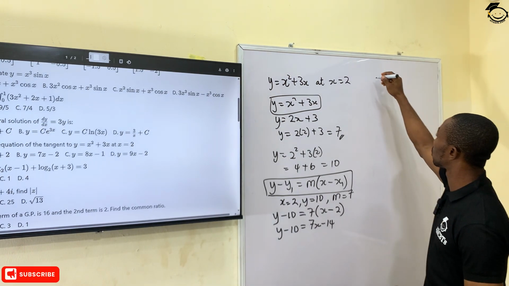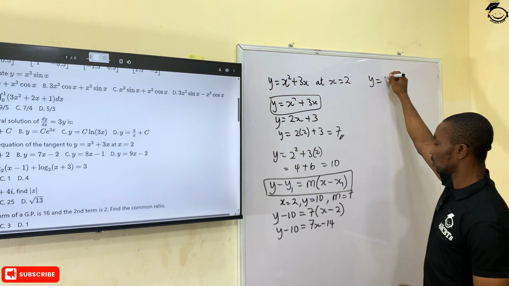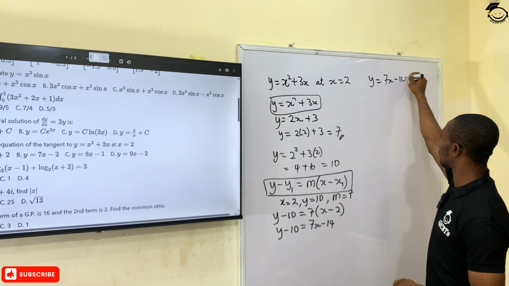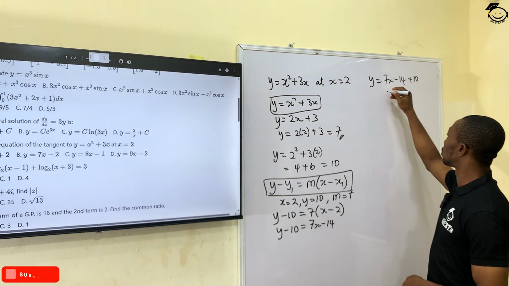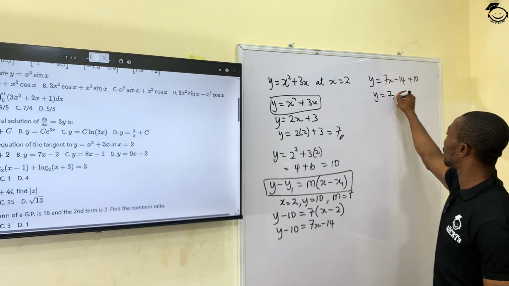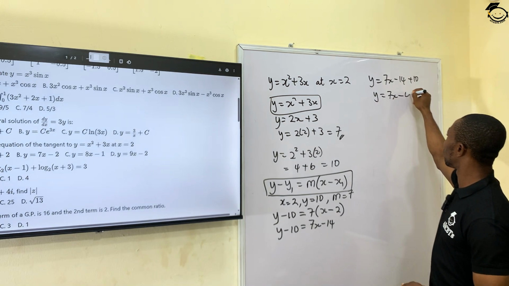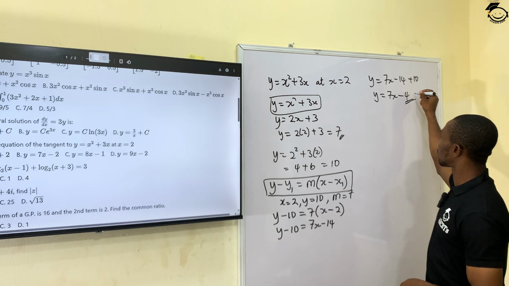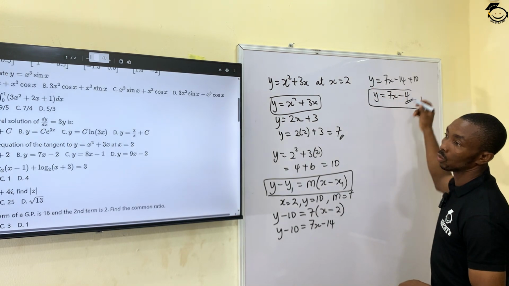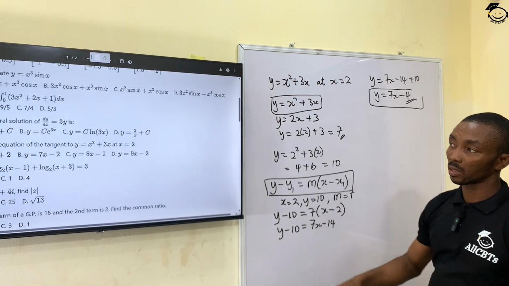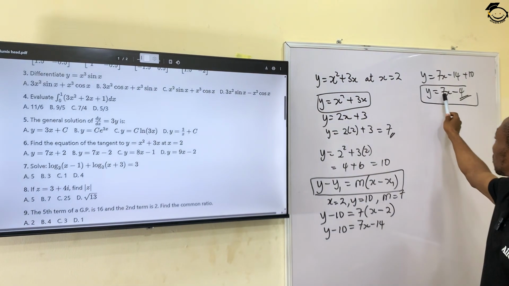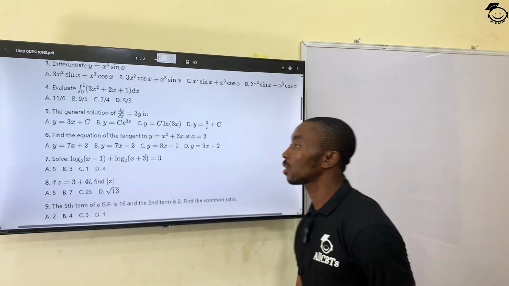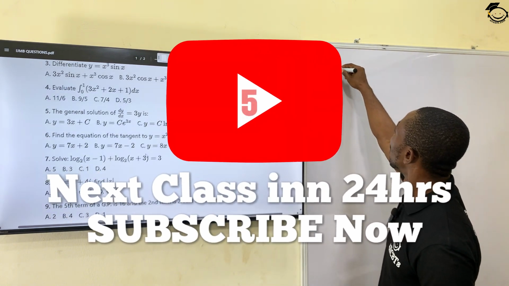So this becomes y equals 7x minus 14 plus 10. So y equals 7x minus 4. So this is the equation of the tangent, and the answer isn't here, but this is the right equation of the tangent.